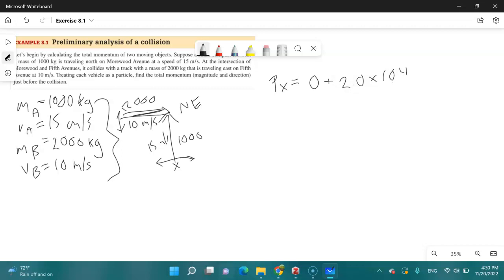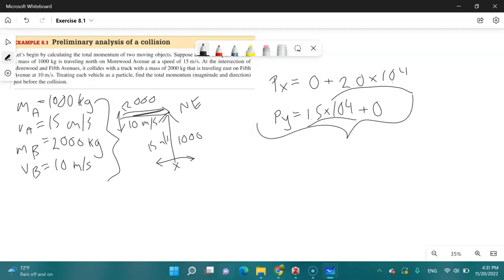And since this is just being added to 0, we know that this is our value. And then same things go for the momentum in the y direction of both vehicles. We know that for the car it was 1.5 times 10 to the 4th, and for the truck it was 0. So we're going to end up with this as our momentum in the y direction.